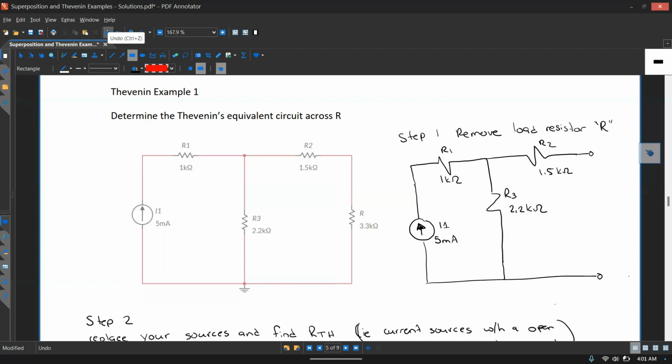So the first step that I like to do is go ahead and remove your load resistor, which is right here, and redraw the circuit, just like for like, without the resistor, like I've done over here.